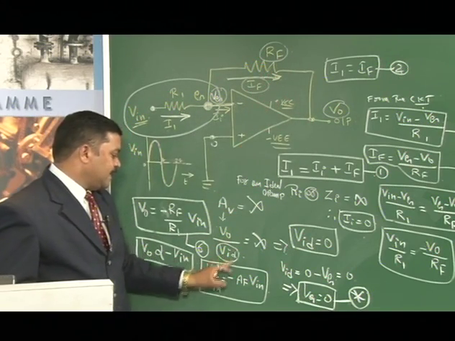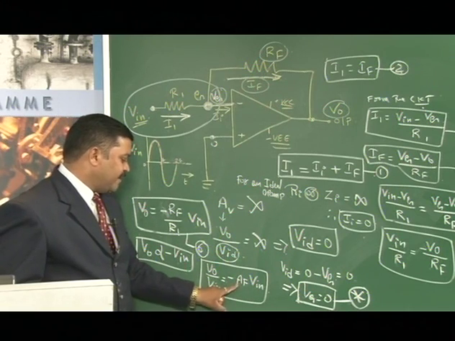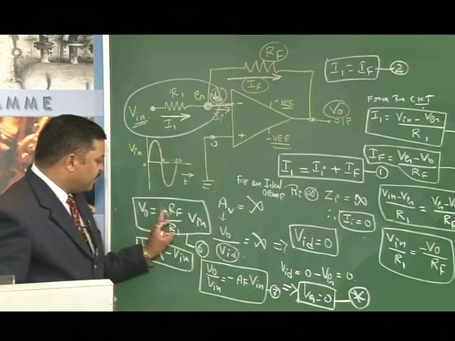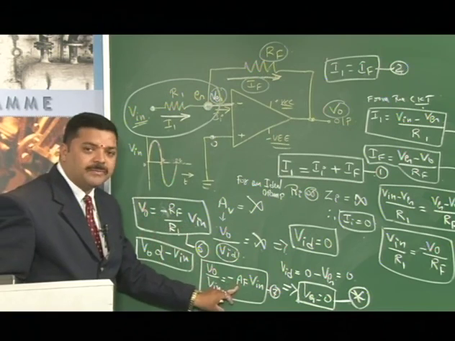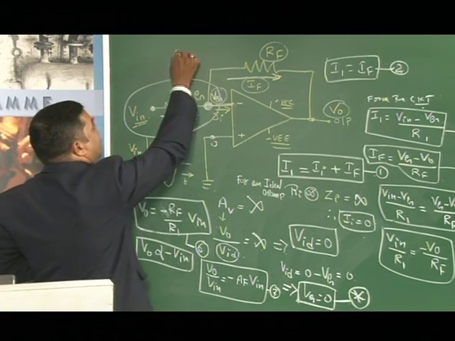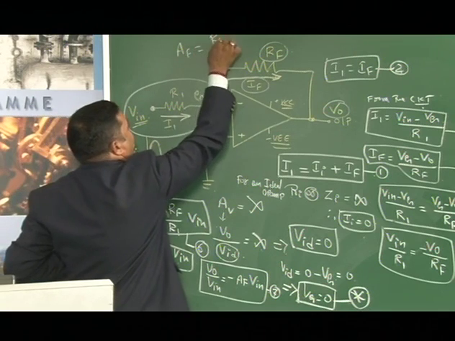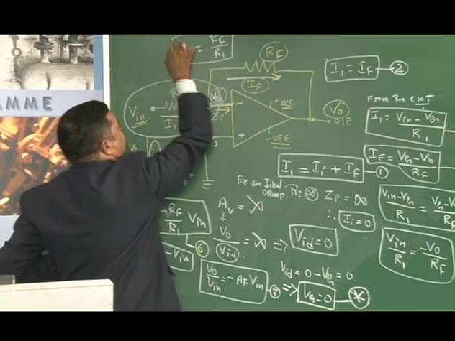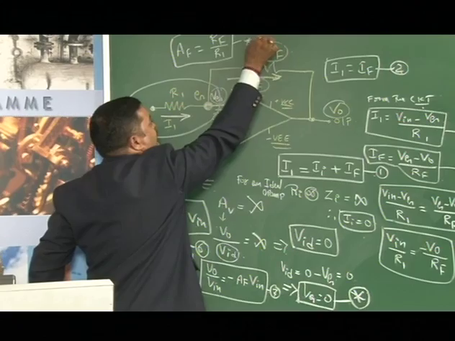When we compare this equation 7 with 6, the minus sign goes, Vin goes, and Rf by R1 is found to be AF. Therefore, AF is equal to Rf by R1, the feedback resistance by the external resistance connected at the input. Let me call this equation double star.